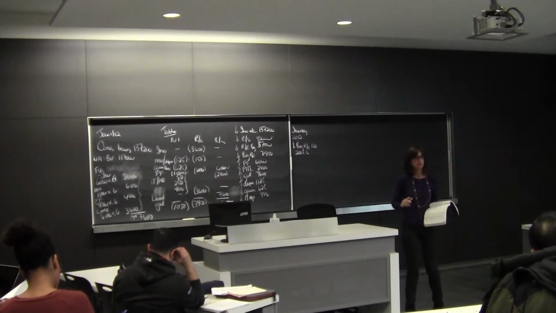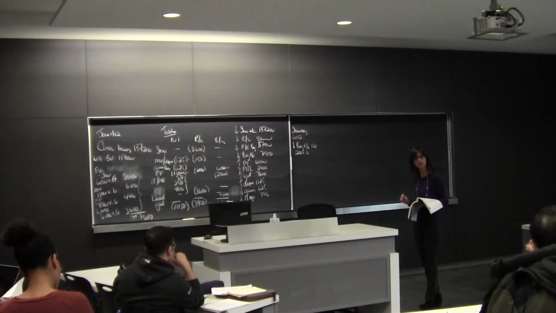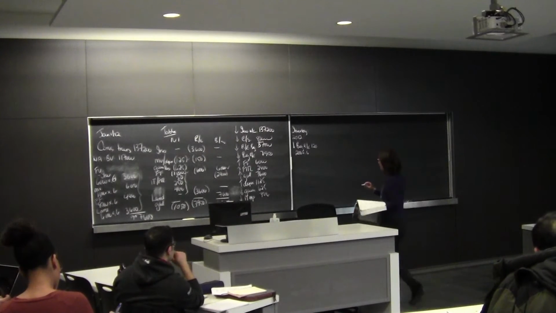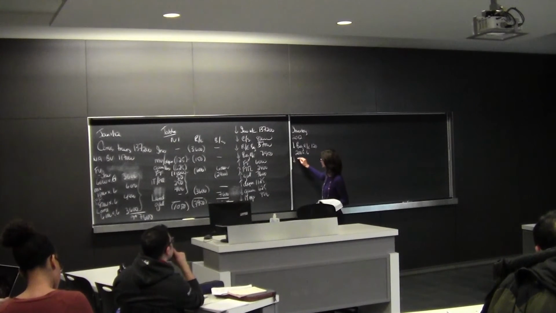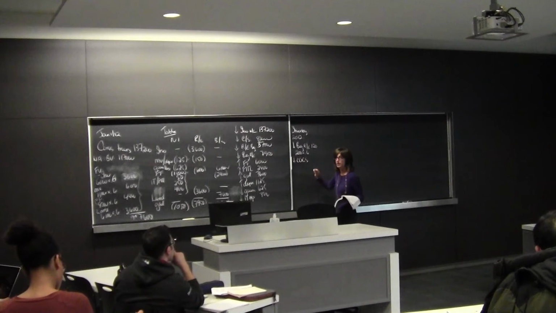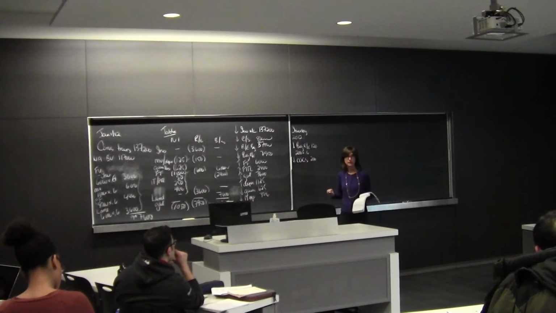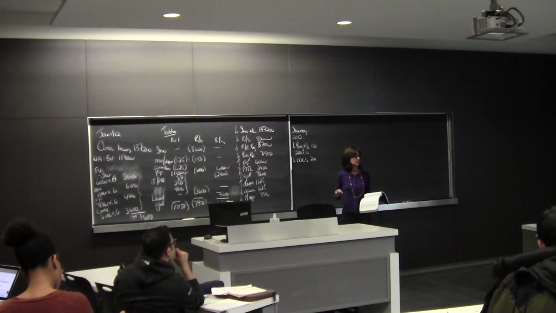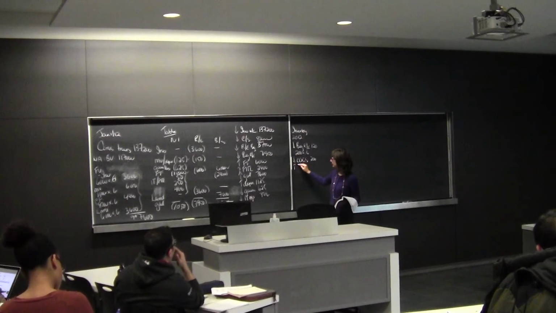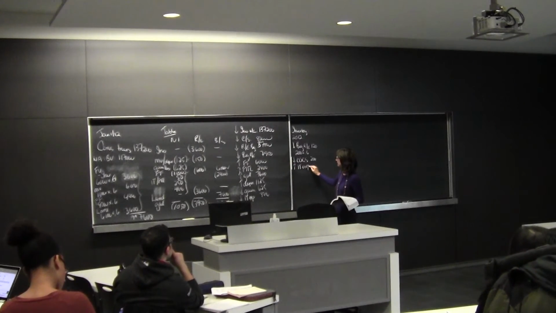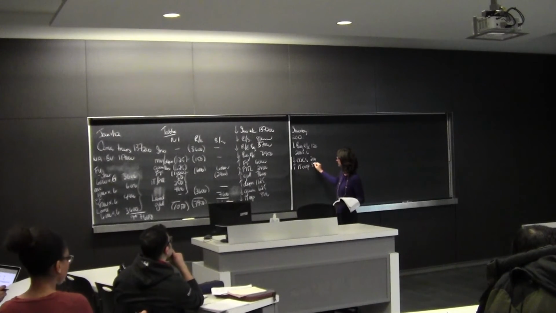The cost of goods sold, up or down? Down. We're going to reduce cost of goods sold by 200. And increase income tax expense by 80.